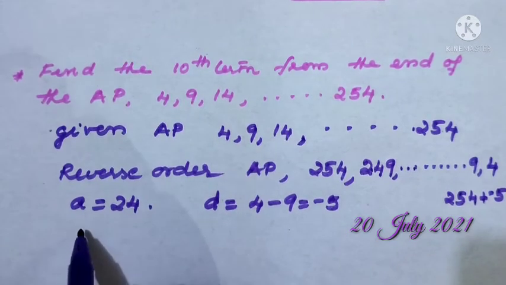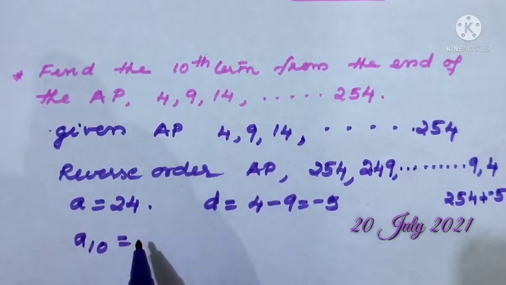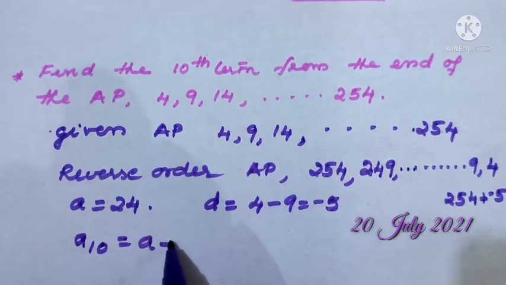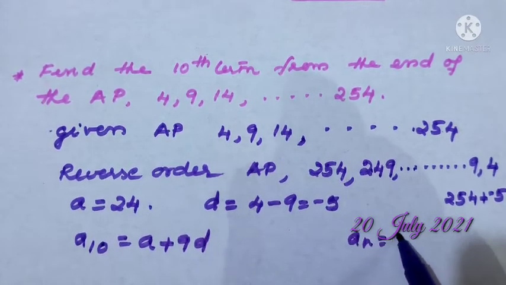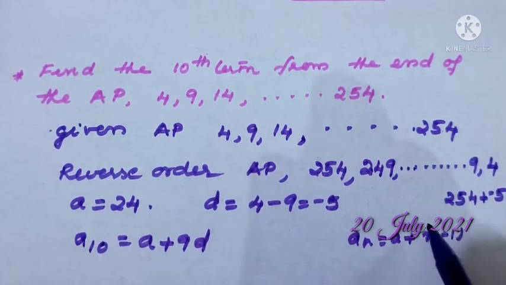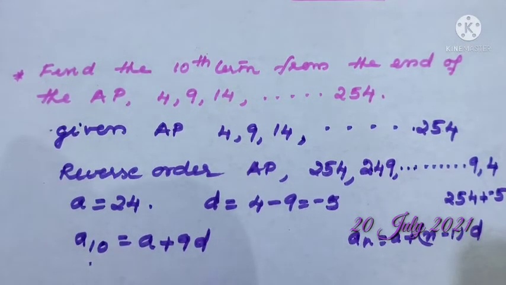The 10th term only. So A10 equal to... now the AN formula we must know. So A plus 9D I am writing directly. We already know that AN equal to A plus n minus 1 into D. That means A10 is one less than that, A plus 9D only.